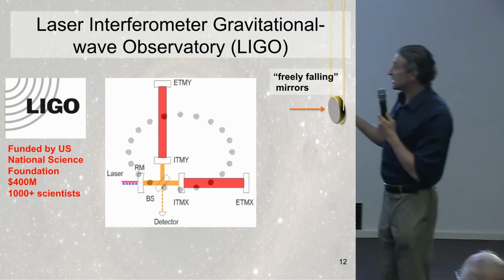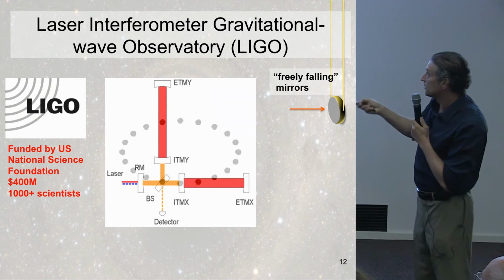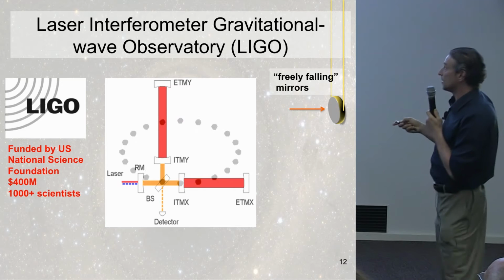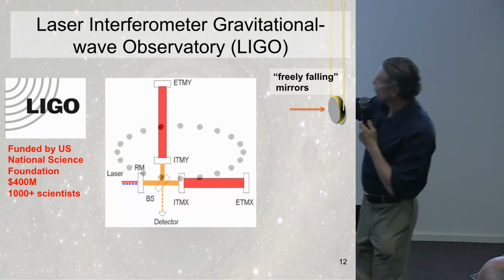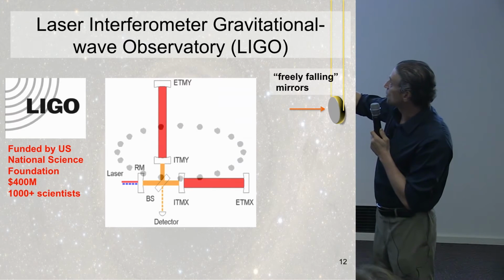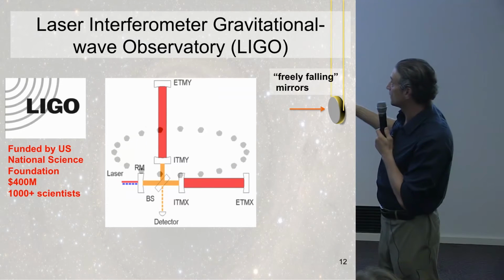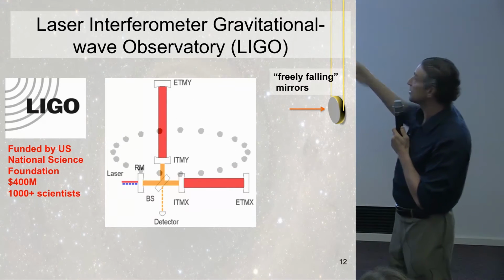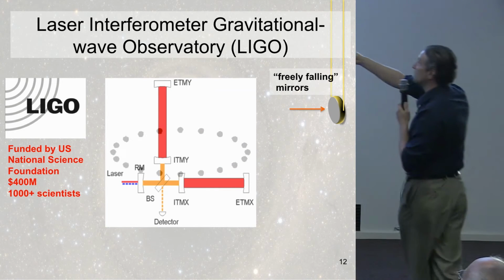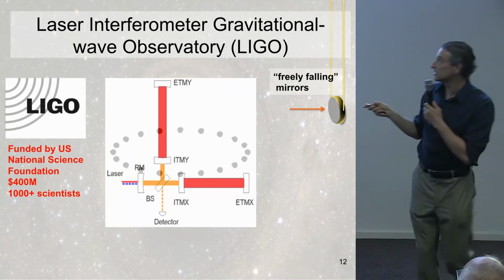But what is inside, so this is how it works. Remember, there is this gravitational wave which displaces these masses. And inside this interferometer, you have two arms. Each of these arms has mirrors, and the mirrors are pendula, which are suspended like this. I call them freely falling because we want to approximate as closely as possible, with these pendula, the freely falling masses, as is shown in this ring.